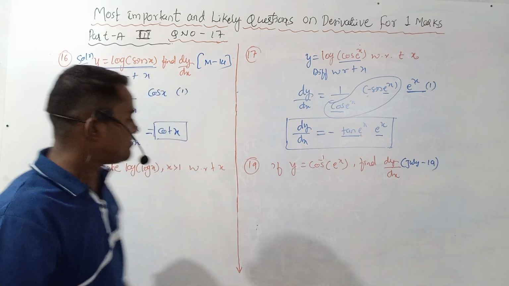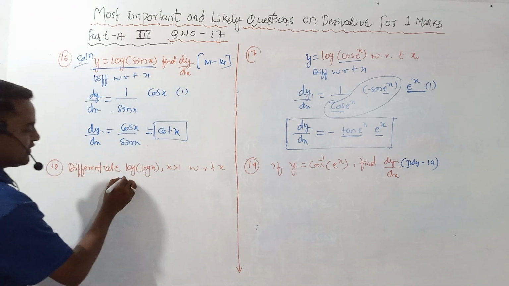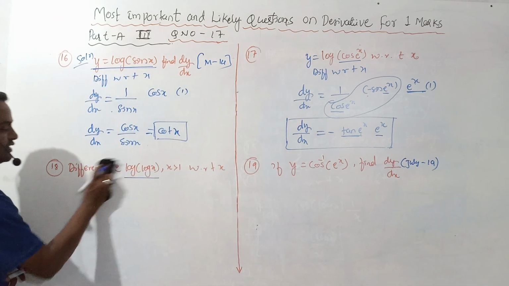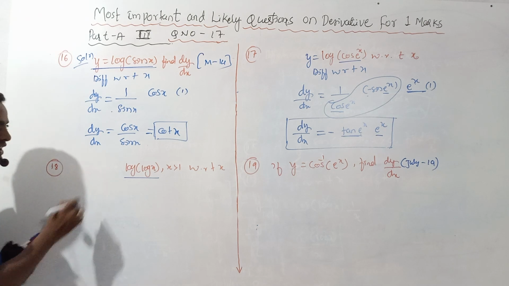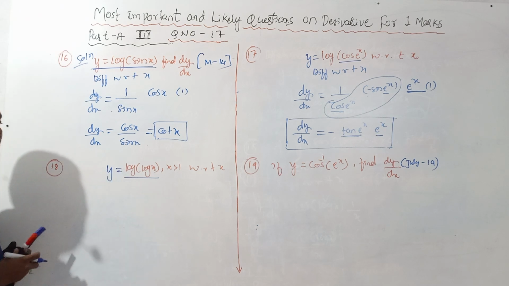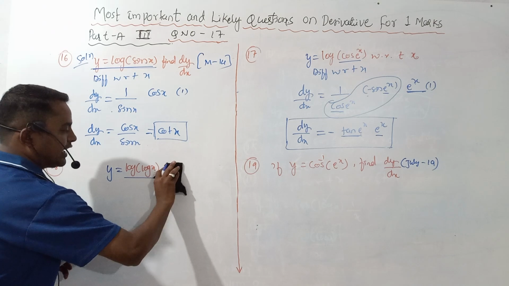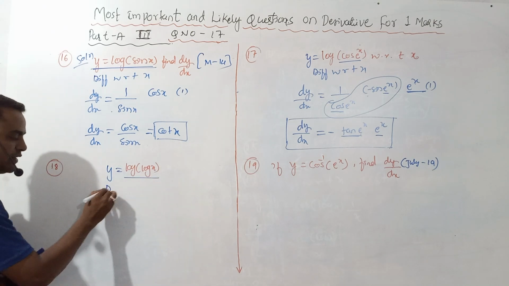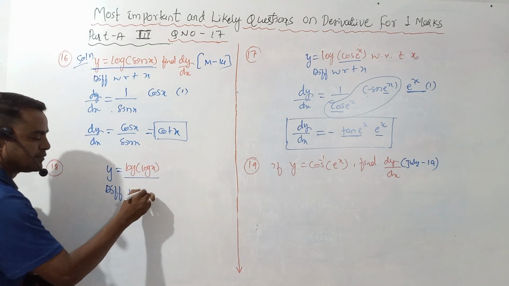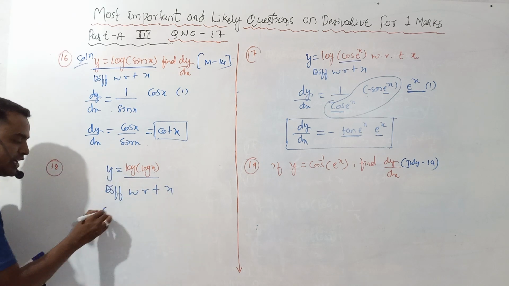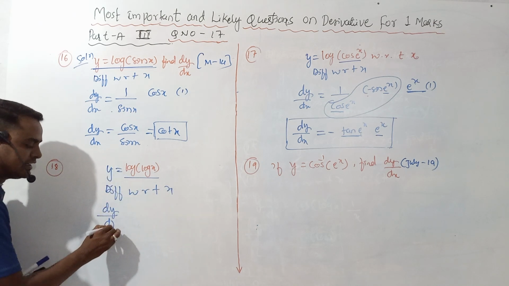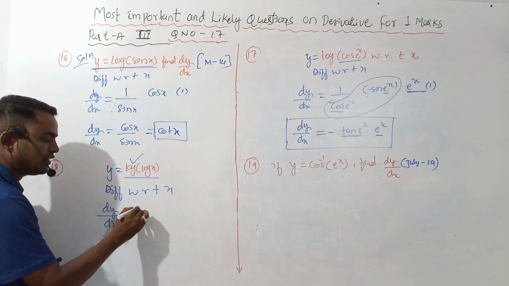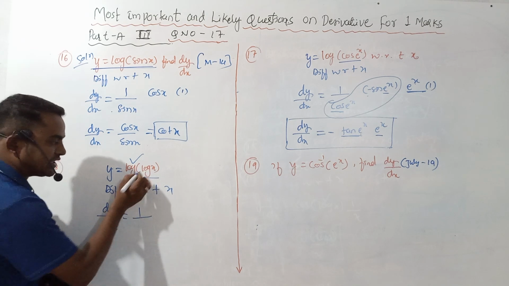Now this one: differentiate log of log x. Take y is equal to this, and differentiate with respect to x. Derivative of y is dy by dx. This is derivative of log 1 by x. So instead of x, what is here?